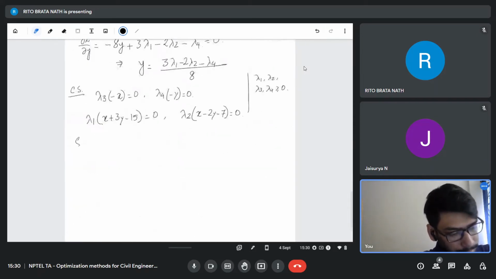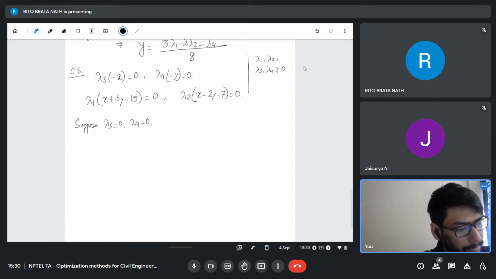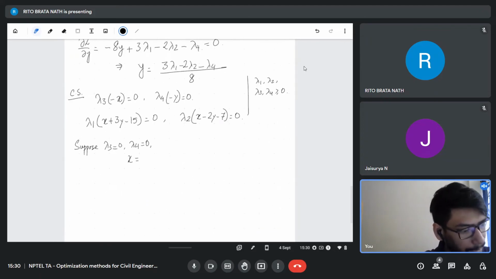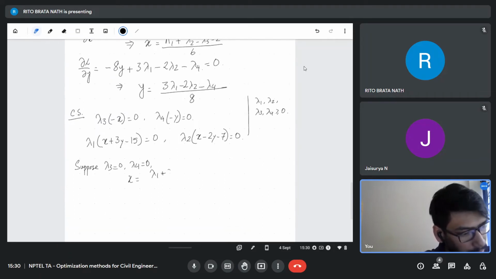Suppose both lambda 3 and lambda 4 are 0. So what you are left with is x equals lambda 1 plus lambda 2 minus 2, divided by 6, and y equals 3 lambda 1 minus 2 lambda 2, divided by 8.